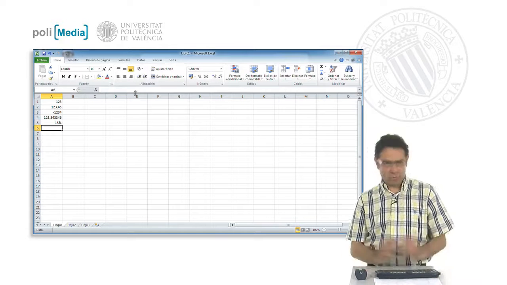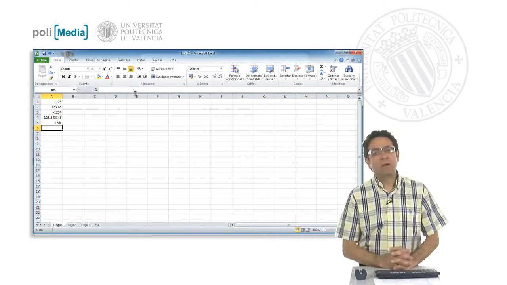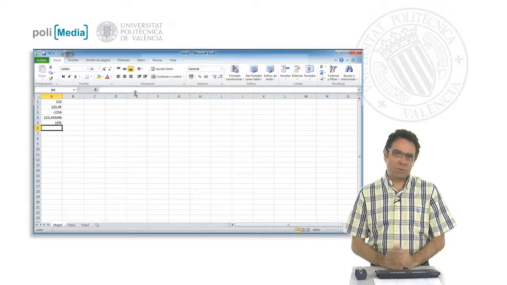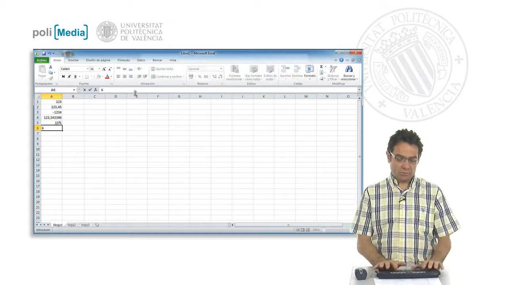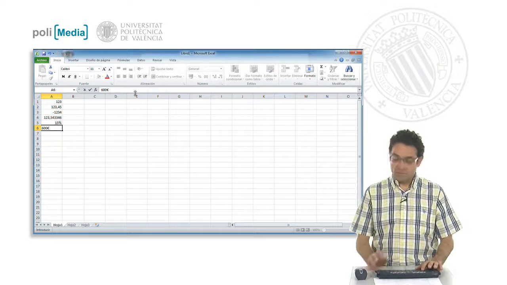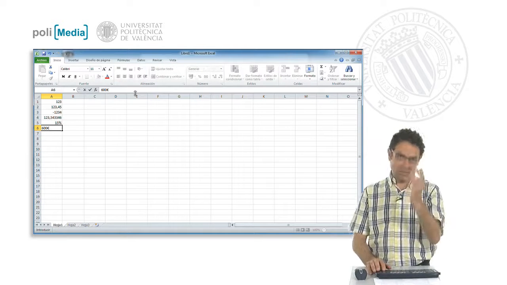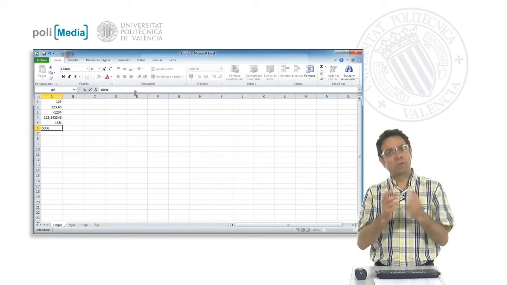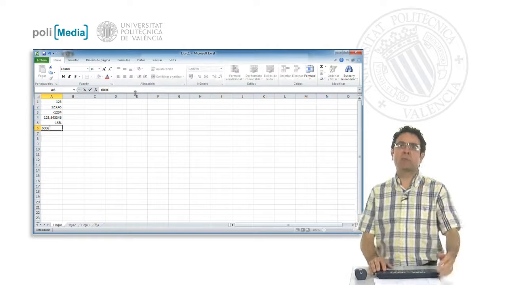Since they are also numerical data, for example, also the data referring to monetary units. For example, if I enter 600 euros, the euro symbol, it will recognize that I am trying to introduce the numerical data 600. But that it is also a monetary unit.